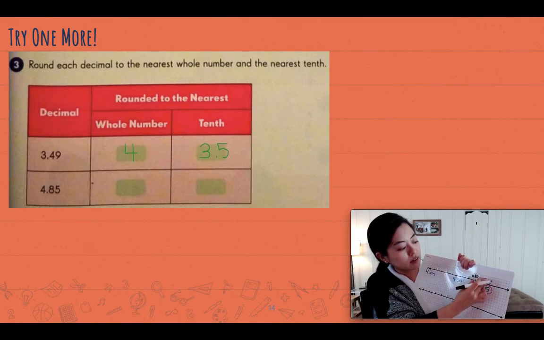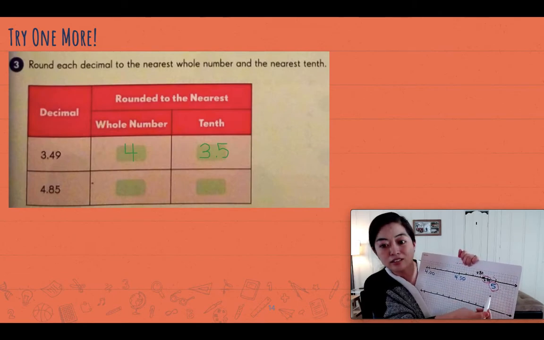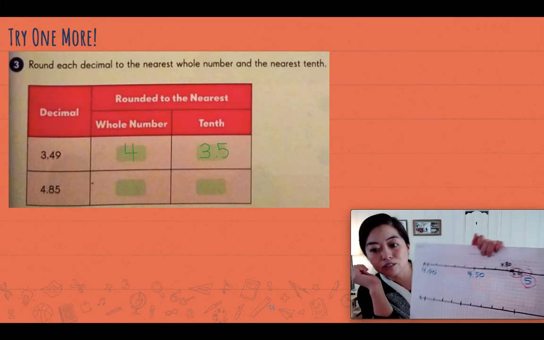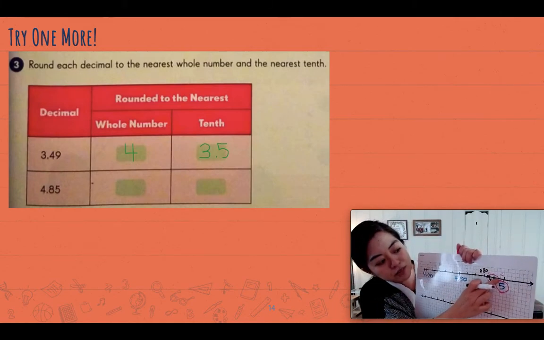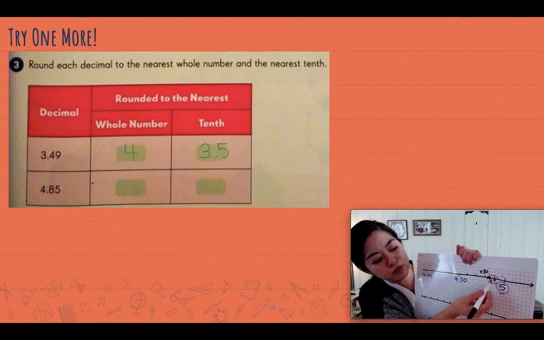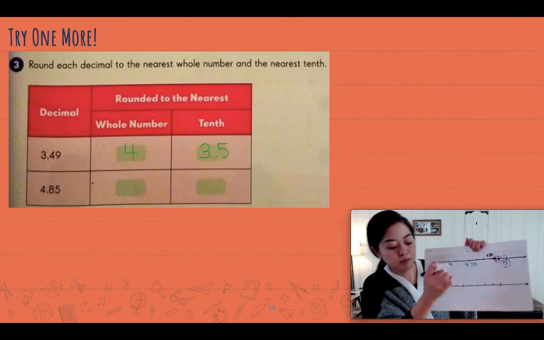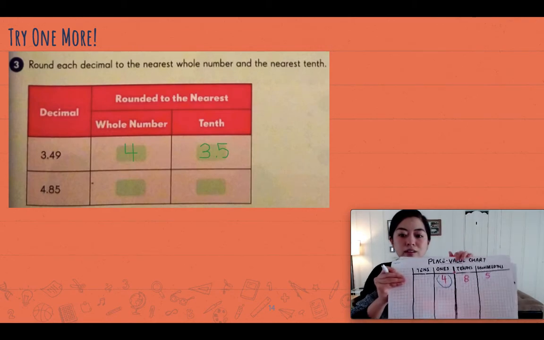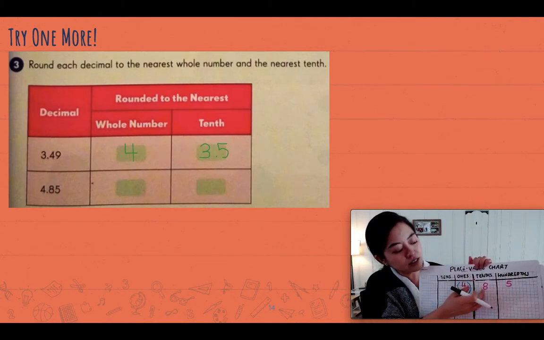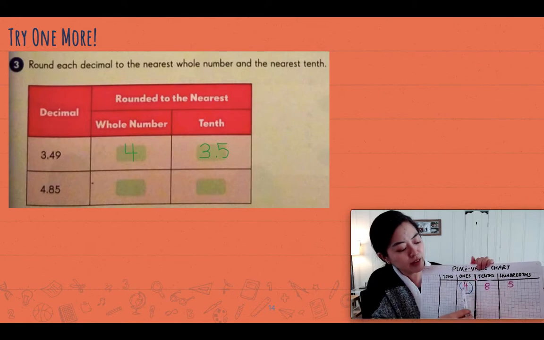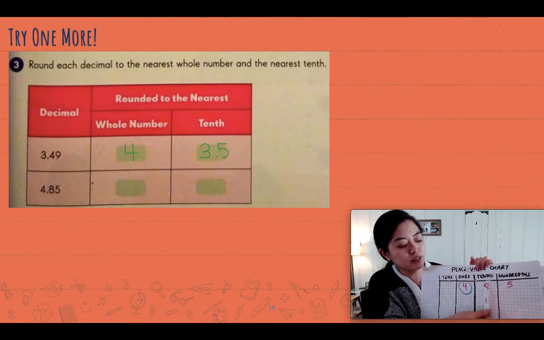4.90. But if I want to write that as tenths, what do I need to do? I just have to erase the trailing 0 and make sure that only one number comes after the decimal point. Because if I want to write a number in tenths, there should be only one number after the decimal point.